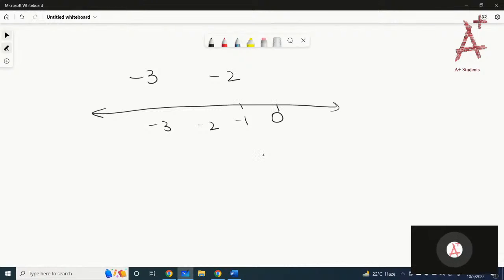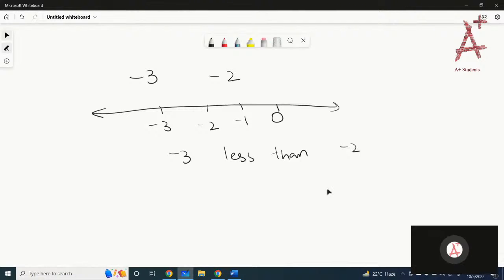As you move farther from 0, the numbers get smaller and smaller. So negative 3 is less than negative 2. Got it? Yes, very good. Negative 2 is greater. So the correct option is negative 3 is less than negative 2.